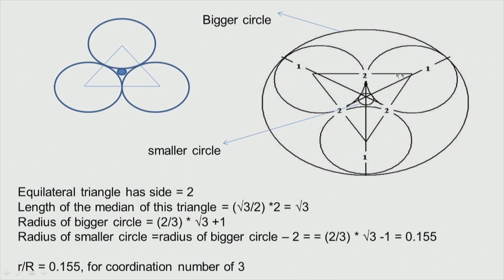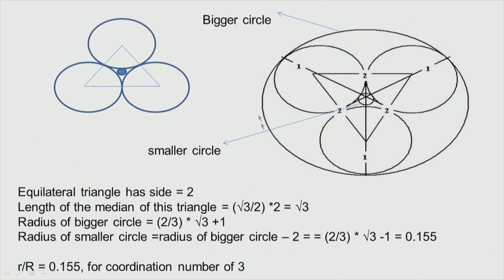This radius is r, this radius is capital R. The length of the median of this triangle: suppose this equilateral triangle has side r plus r, that is 2, the length of the median of an equilateral triangle is square root of 3 divided by 2 into a, as you have studied in school. The side is 2, because this is 1 and this is 1. So that will give the square root of 3, that is this median.